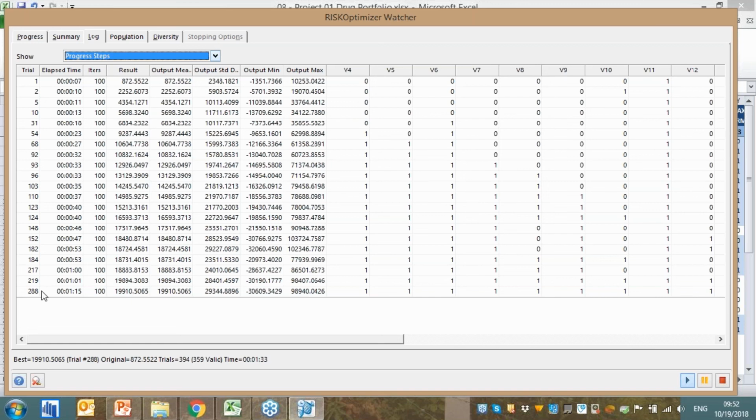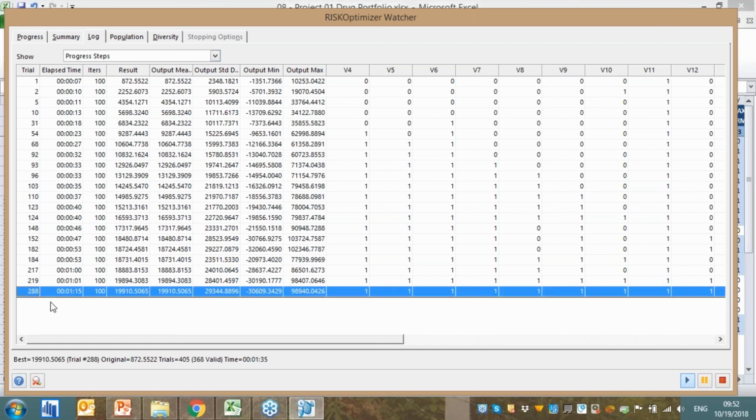For example, at this point, my best trial has been my 288th one, in which after 1 minute 15, 100 iterations per trial have been tested on my portfolio creation. And so far, this is my best mean NPV with a certain minimum and maximum, with a certain combination of ones and zeros.